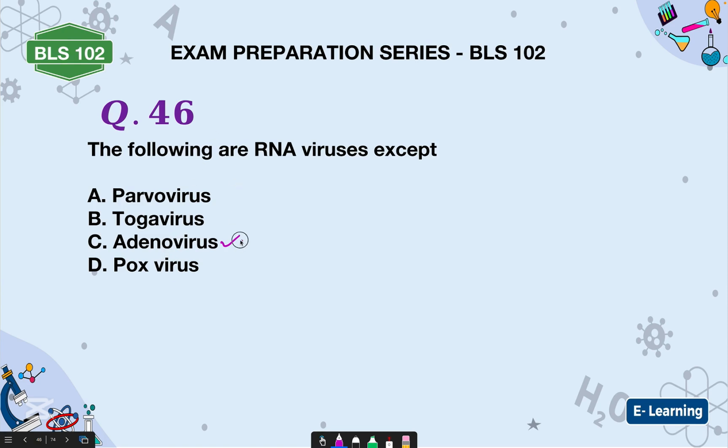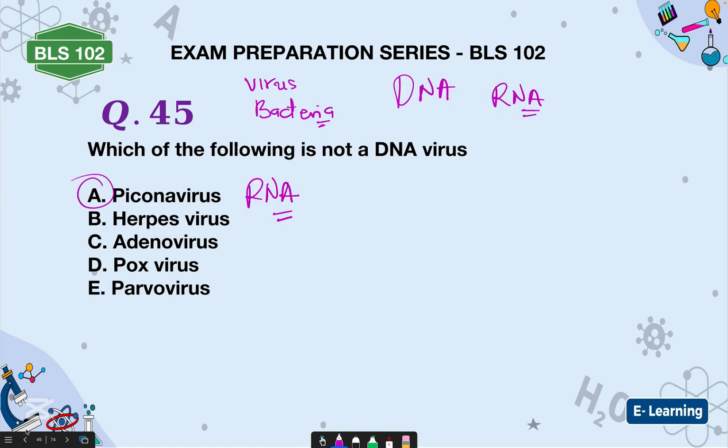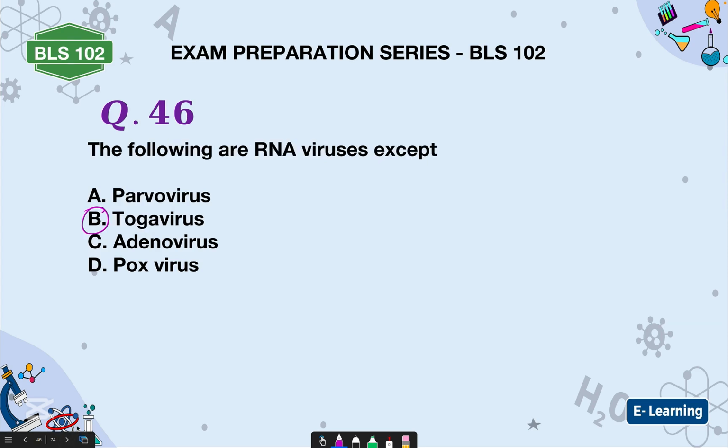I believe what they want to ask in this particular question is which is not a DNA virus, which is Toga virus. Are you getting it? Toga virus is an RNA virus, because pox virus is also there, and pox virus is of course one of the ones we discussed here. Toga virus is an RNA virus that belongs to the family Togaviridae. All right. Let me read the question again.